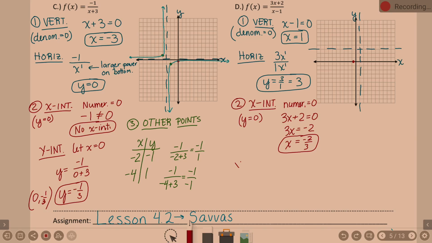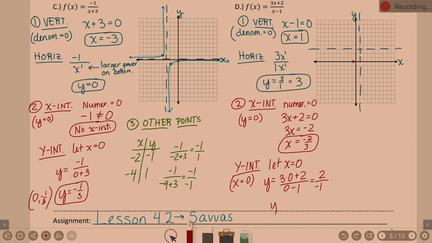And then for the y-intercept, this is going to be when x equals 0, right? I usually write let x equal 0. So y equals 3 times 0 plus 2 over 0 minus 1. Three times 0 is 0, plus 2 is 2, 0 minus 1 is negative 1.